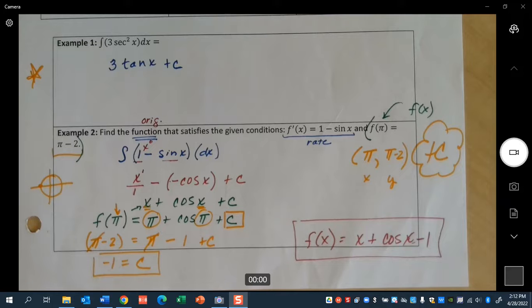Now f of pi is equal to, I put pi in for my x's right here and here, and pi minus 2 in for my output, and that allows me to solve for c. Once I solve for c, now I know where that function is. This is the best part: somebody gives you one solution that works, and you can plug that in and figure out what you're missing. That's the cool part of this one.